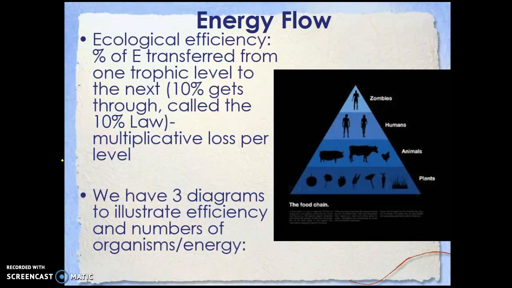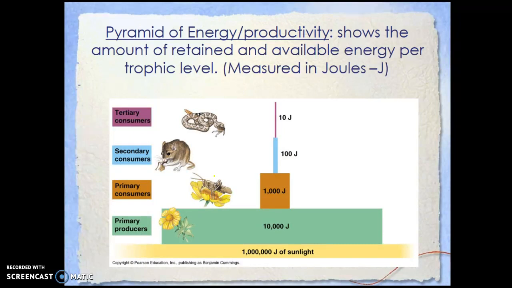Energy flow. When we look at energy flow, it's really important to know that not all of the energy that you're consuming from what you're eating is actually usable. Only 10% gets transferred from one trophic level to another, and a lot of times it's lost as heat when you're metabolizing it. So if you see here, every time we go up this trophic pyramid, and I like how there's zombies up here, we're only getting 10% of that energy from the organisms below it.